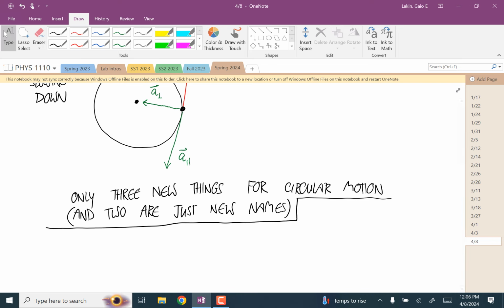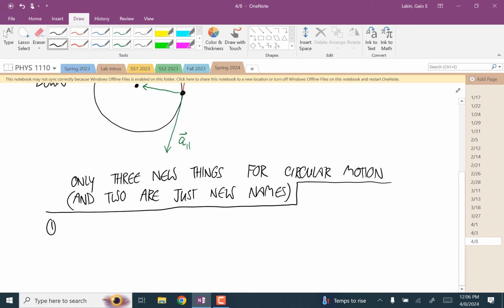Both of these just have to do with the names for the parts of the acceleration. We've called them a parallel and a perpendicular. But specifically when you're talking about circular motion, what we normally call the parallel part of the acceleration, the part that's parallel to the velocity, for circular motion, that's called tangential acceleration.